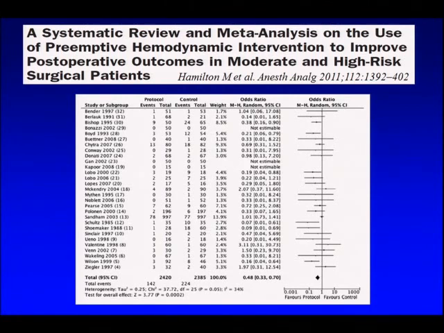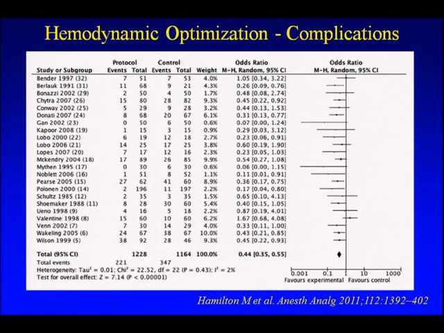This was a collection of about 30 studies. The conclusion was that goal-directed therapy not only improved mortality, as has been shown here, but also lowered complication rates. If you look at the collective results from all these studies, the incidence of complications was significantly less in the goal-directed therapy group.